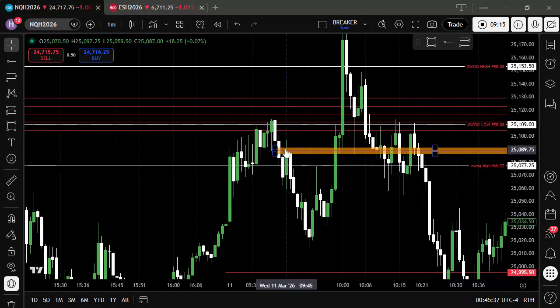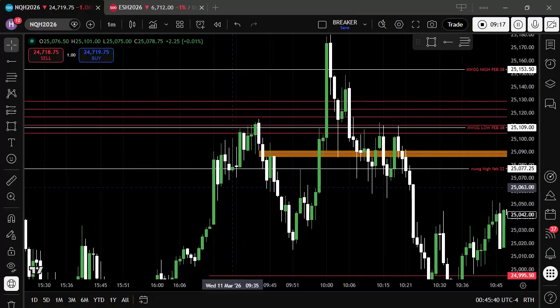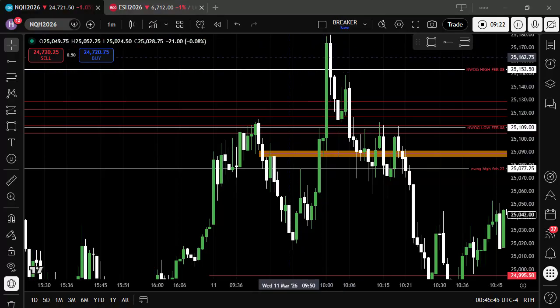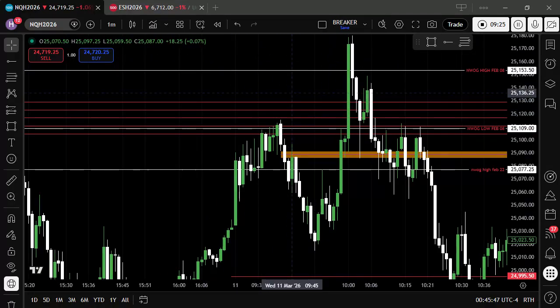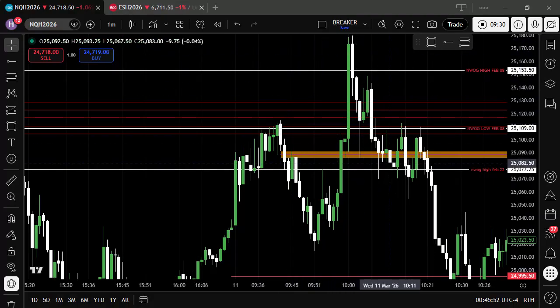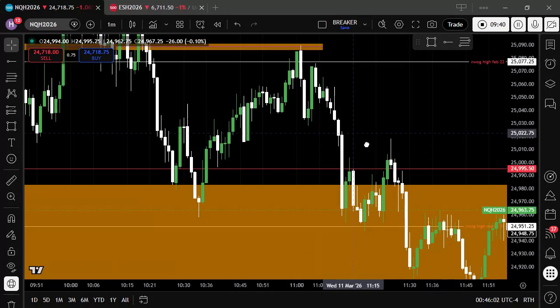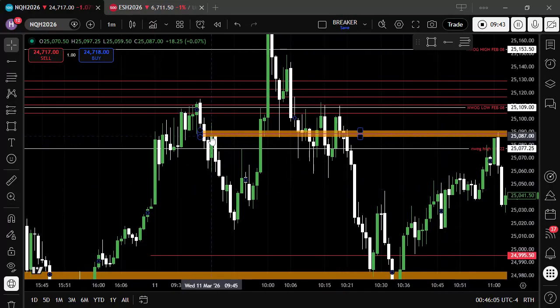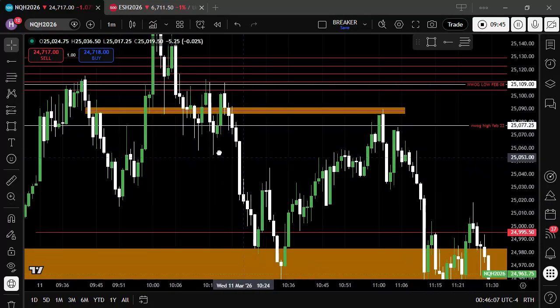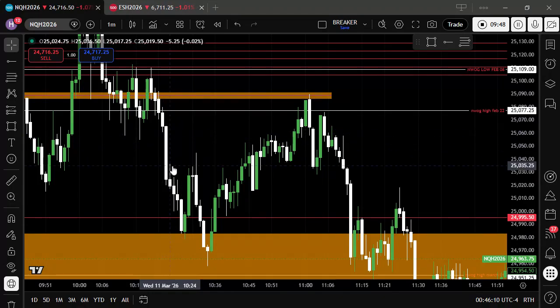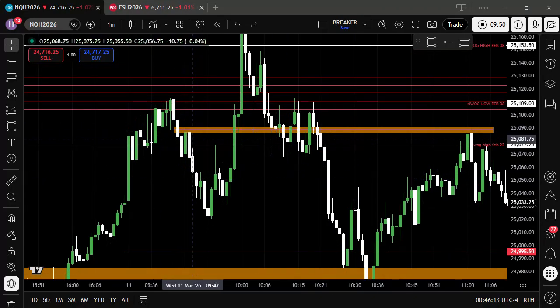Not only did it use it once here, bang, it uses it again to propel price up to sweep sell stops, and then it came back down, was kind of in between all these inefficiencies here, and then displaces off of it again, and then comes back up, and then displaces off lower. So that's the power of the first presented fair value gap. You could kind of say that for other fair value gaps, not really though. I mean, look at how precise it is.